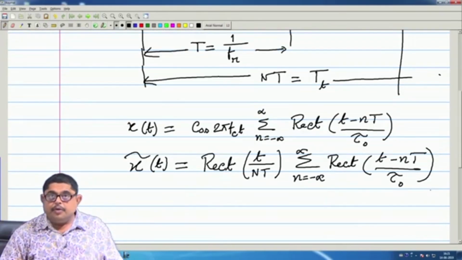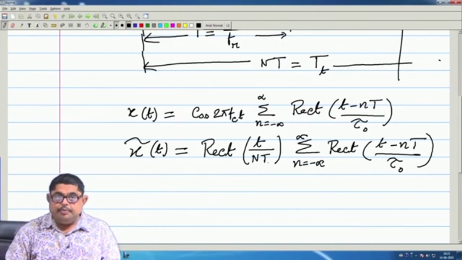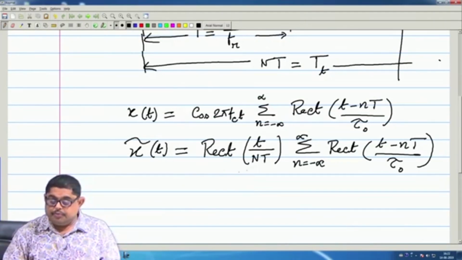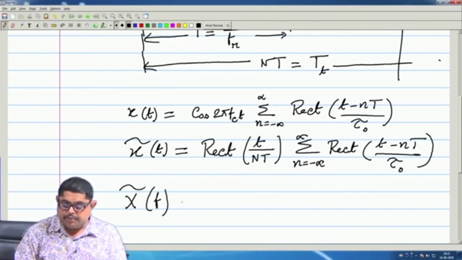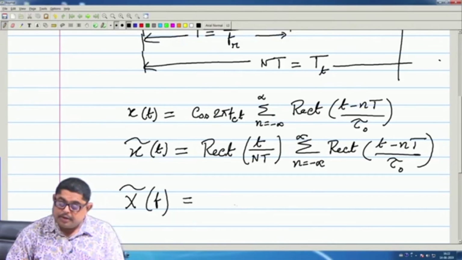Now we can take the Fourier transform, x tilde of f.